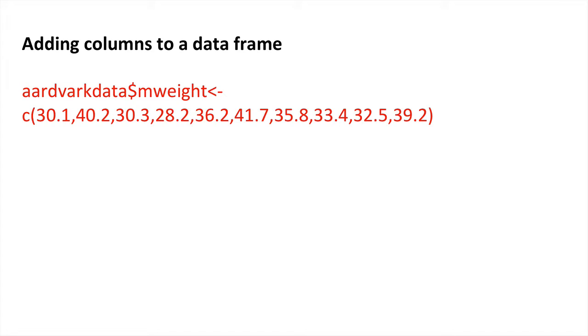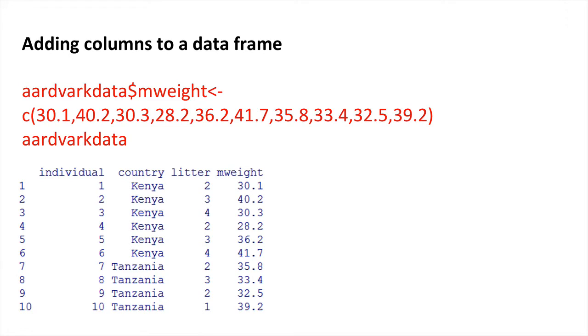So we would say aardvark data and then use the dollar sign for referring to a new element in this case, or a new variable within that aardvark data frame, and there I've got 10 separate values listed out. I can then ask what the aardvark data looks like, and this is what it looks like. We now have an extra column, mean weight, listed just there.